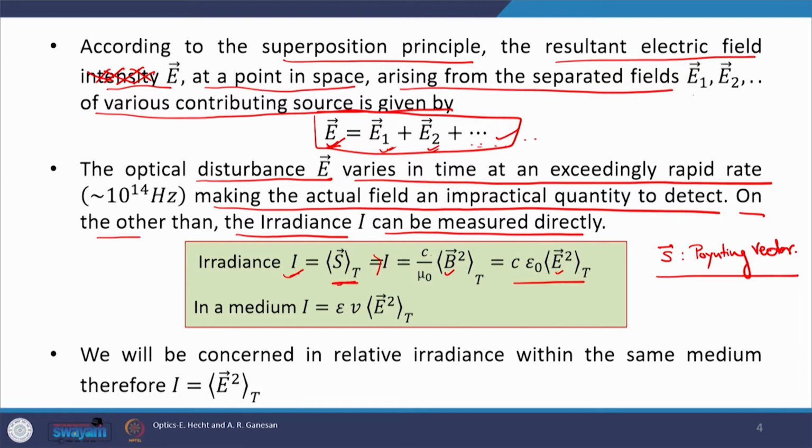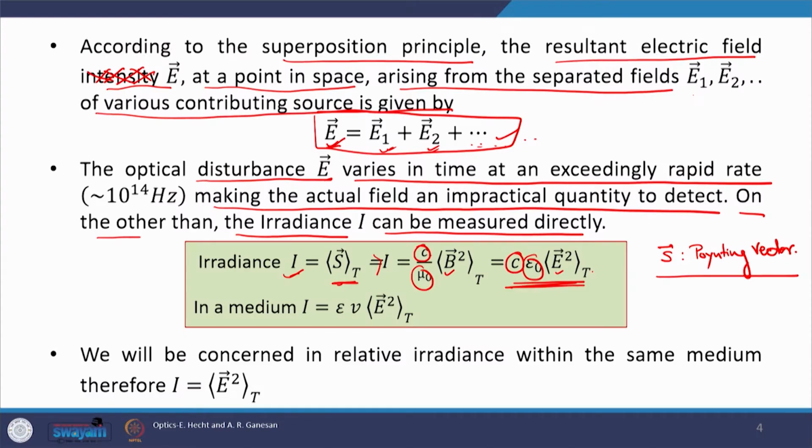Now, here C is the speed of light in vacuum, and epsilon naught and mu naught are the permittivity and permeability in vacuum respectively.